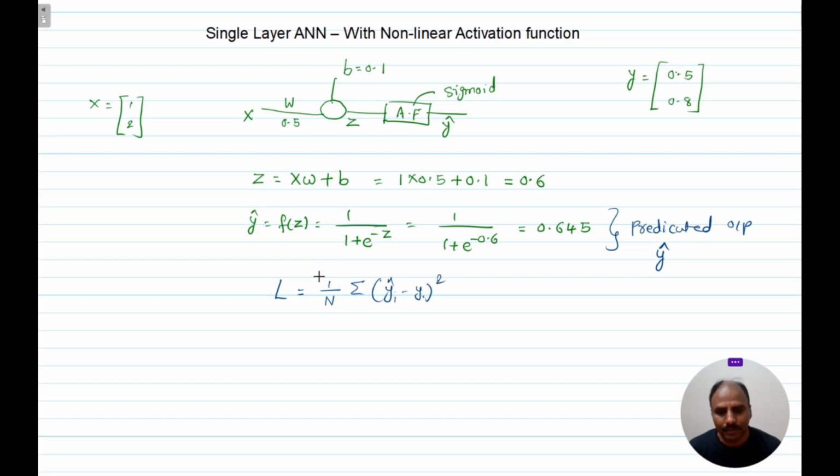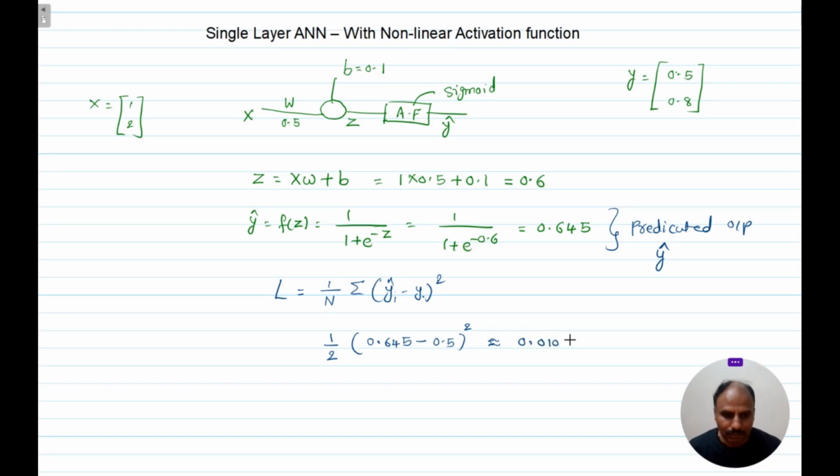Only two samples were there, therefore 1 by 2, and our predicted output is 0.645 and the actual output we need is 0.5, right? Whole square. So this will give approximately 0.0105.